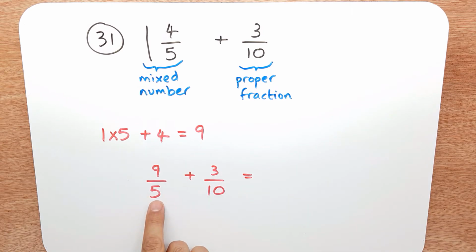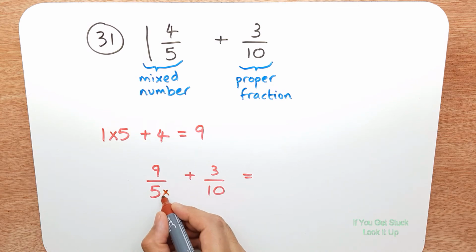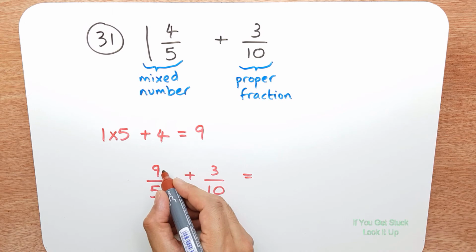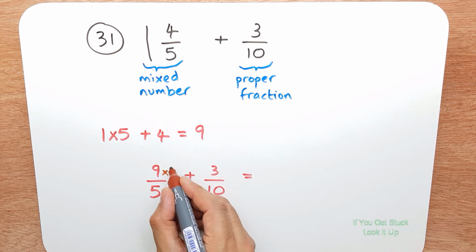Now, if you notice, these two are different. So we have to make these two denominators, the bottom numbers, the same. I can see that the 5 can be turned into a 10 by multiplying it by 2. So if I multiply the denominator by 2, I have to multiply the top number, the numerator, by 2.